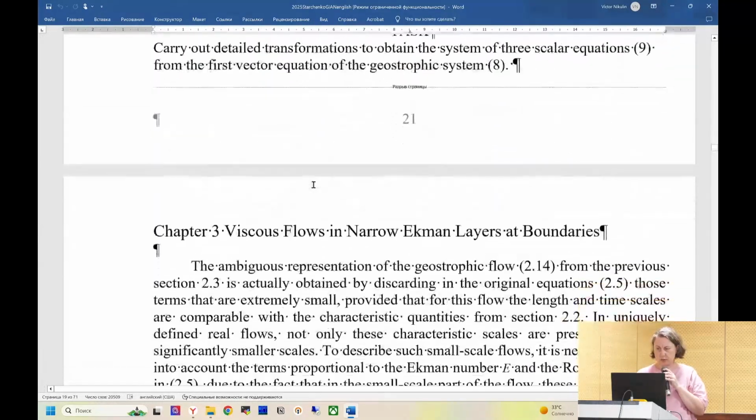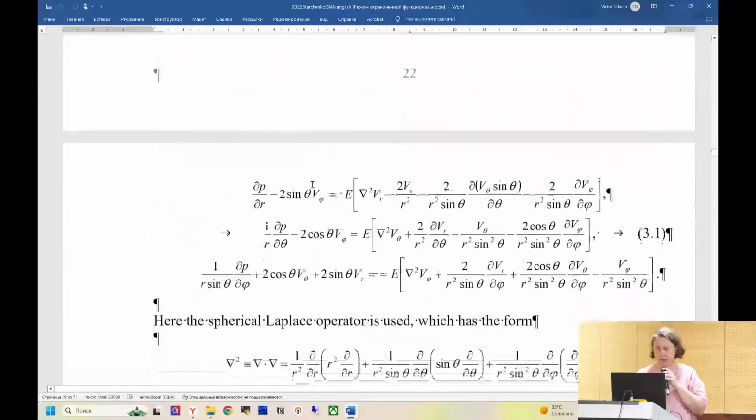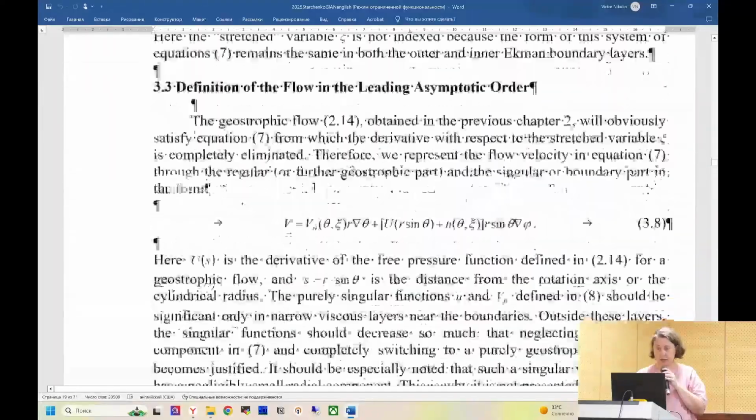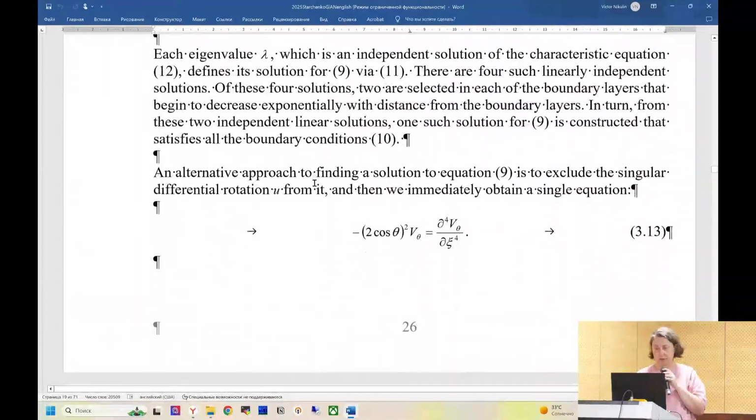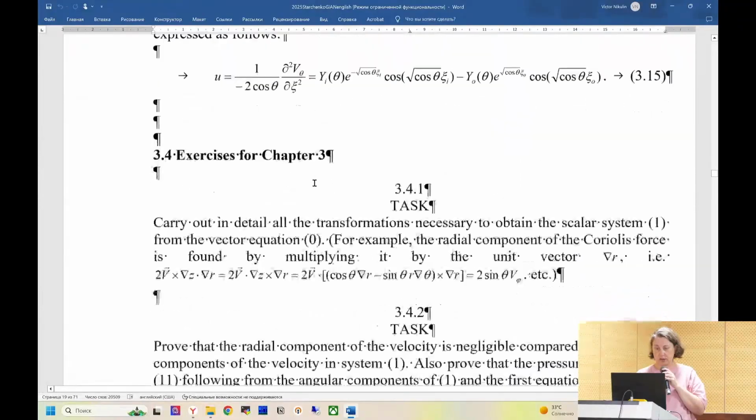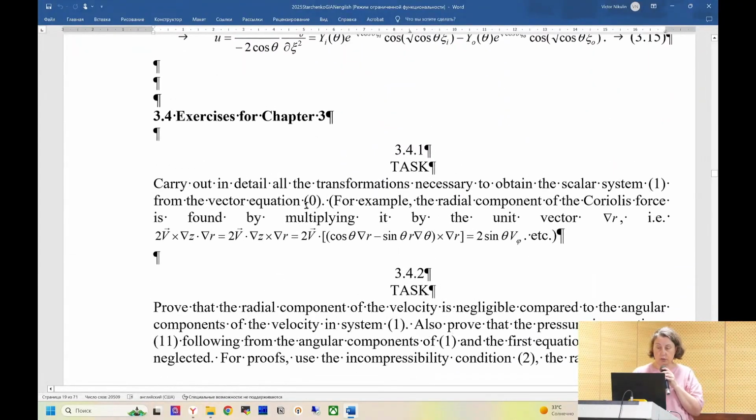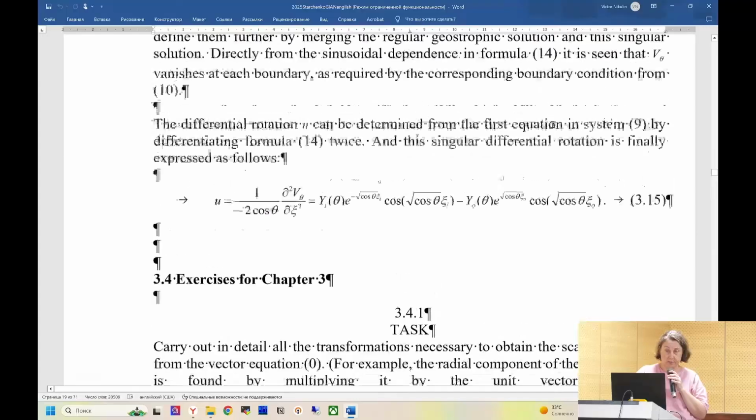Let's also check the tasks for chapter 3: small Rossby and Ekman numbers and layers. The first task is quite simple. We just want to rewrite vector equation 0 in the form of a system of scalar equations in spherical coordinates.